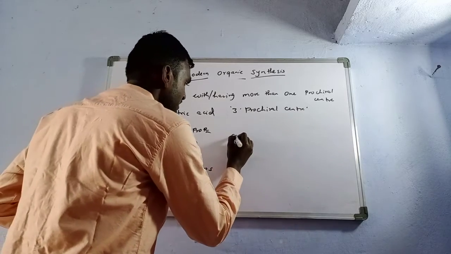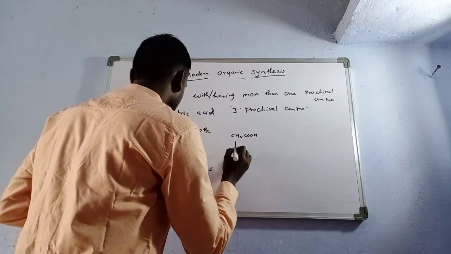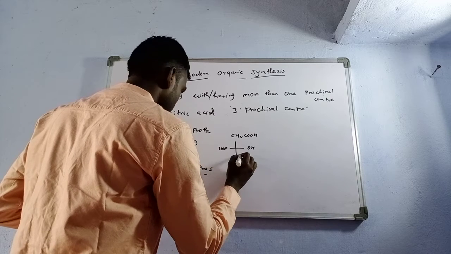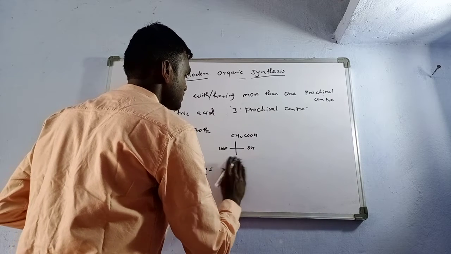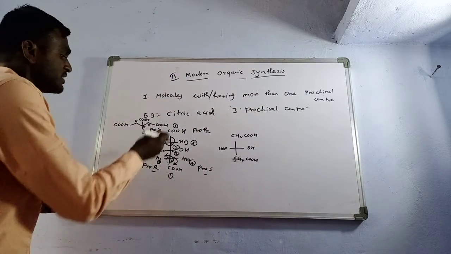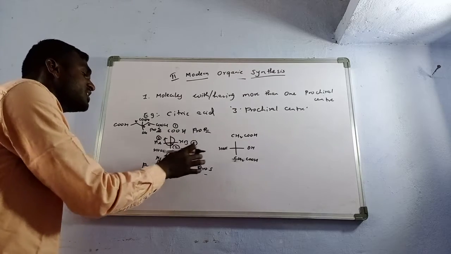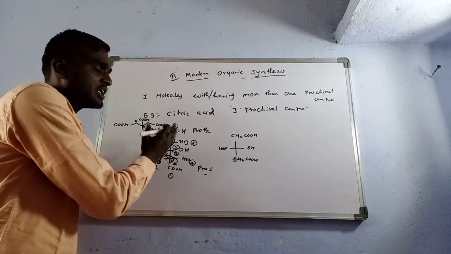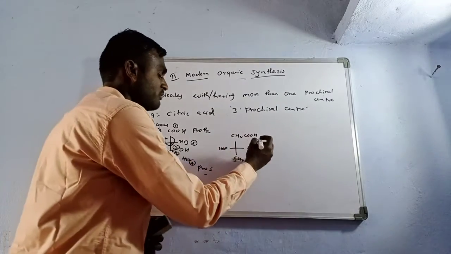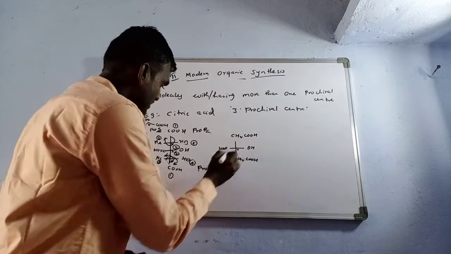See here, whenever we take the group configuration, here is OH, here COOH, and here CH2OH. If you take the molecule, it will be like this. HA, HB, HC, HD are the ligand configuration. Now we take the groups configuration. The molecule will be like this, and this is the prochiral center.